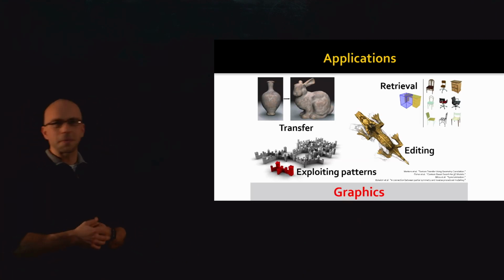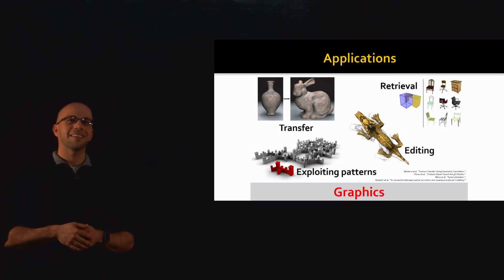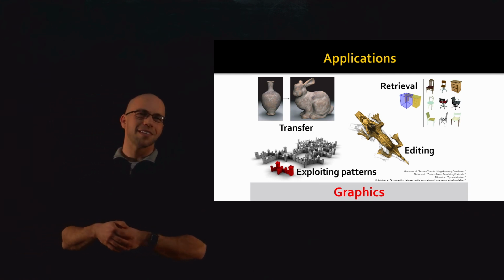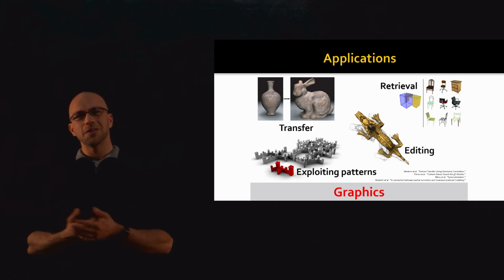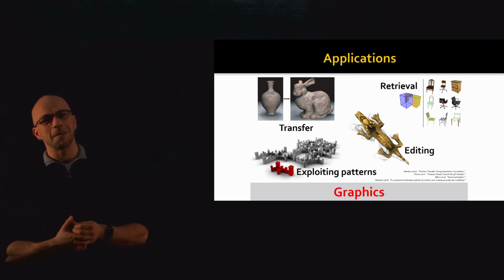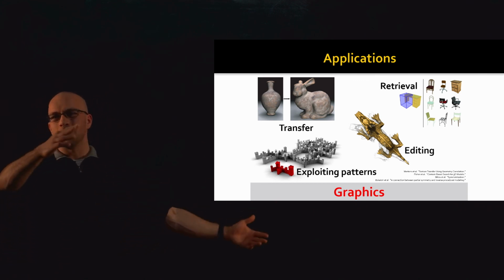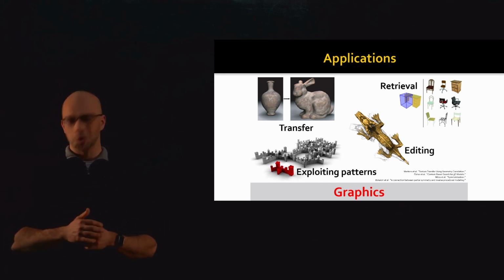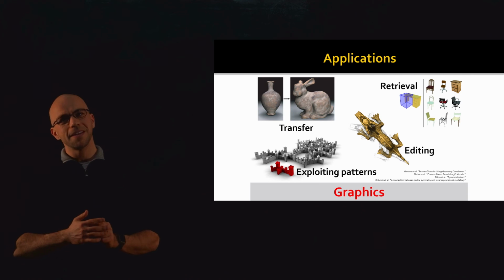Some of the obvious applications are in the computer graphics domain. We can solve problems like texture transfer, editing of 3D surfaces and modeling, 3D retrieval, finding and exploiting patterns to help make big virtual worlds and so on. All these are essentially some of the obvious applications of geometry in the computer graphics domain.